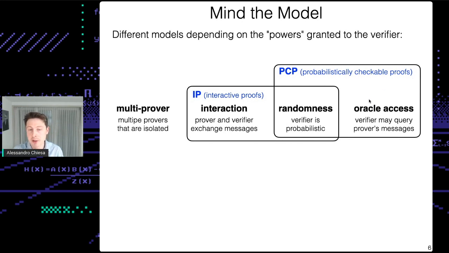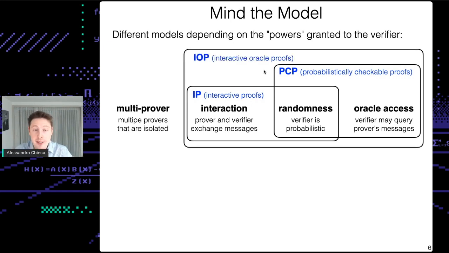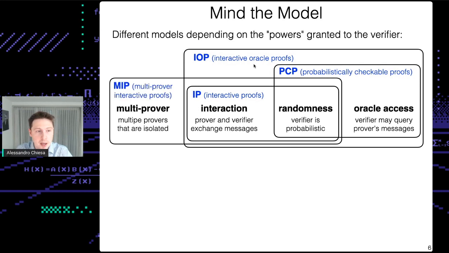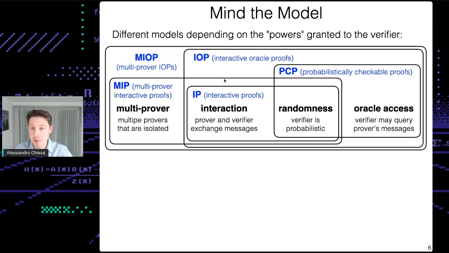So here there is no interaction, there is randomness, but the prover sends a proof that the verifier can then later query at specific locations without having to pay for reading the entire proof, because it's not interested in reading the entire proof. Another class that simultaneously generalizes interactive proofs and PCPs is interactive oracle proofs, okay? We'll get to these later on today. There's also MIP, which considers multiple provers, interaction, and randomness. And of course, you can consider all resources for a class that hasn't really been studied much, MIOP.